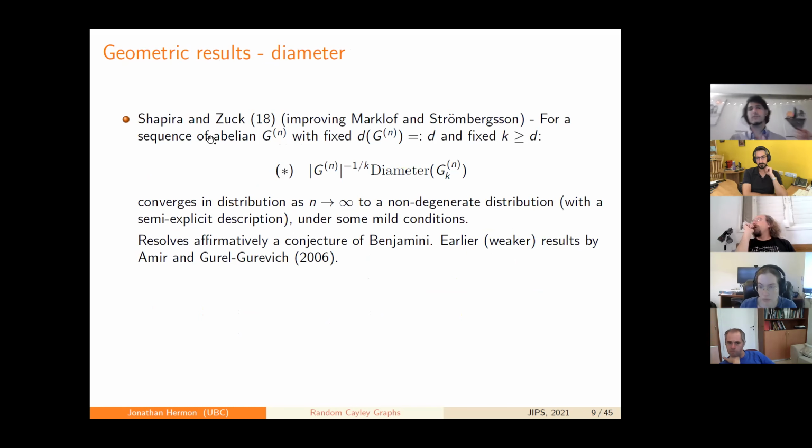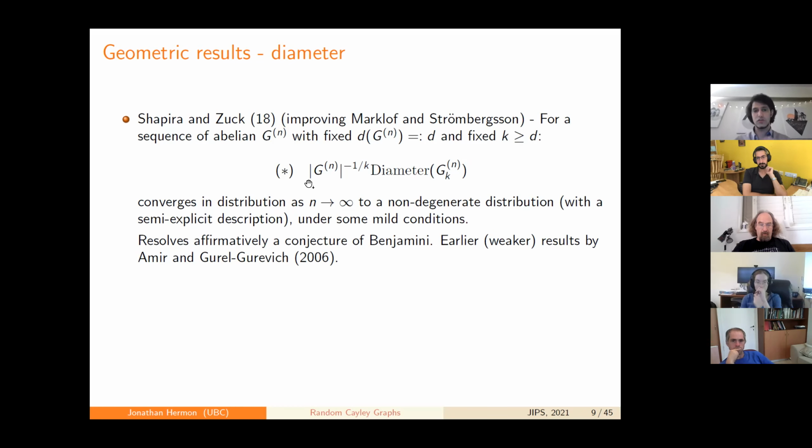Another type of question about the geometry of the random Cayley graph is about the diameter. Here the state of the art is due to Shapira and Zhong, a different Zhong with different spelling. What they show essentially is that if the dimension D and the number of generators K are fixed, then first of all, the order of the diameter behaves like a K-dimensional torus of equal side length.